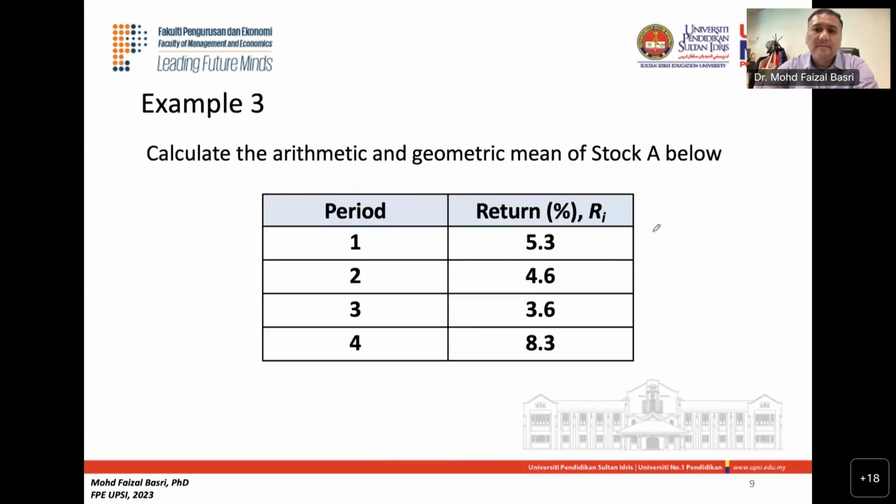But anyway, going back to this one, what would be the arithmetic mean and also the geometric mean? Okay, and for this case, it's no issues because all are positive values. So anybody quickly?